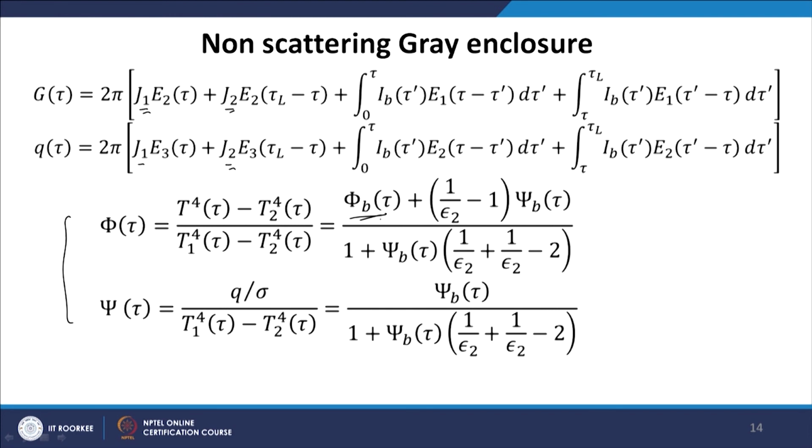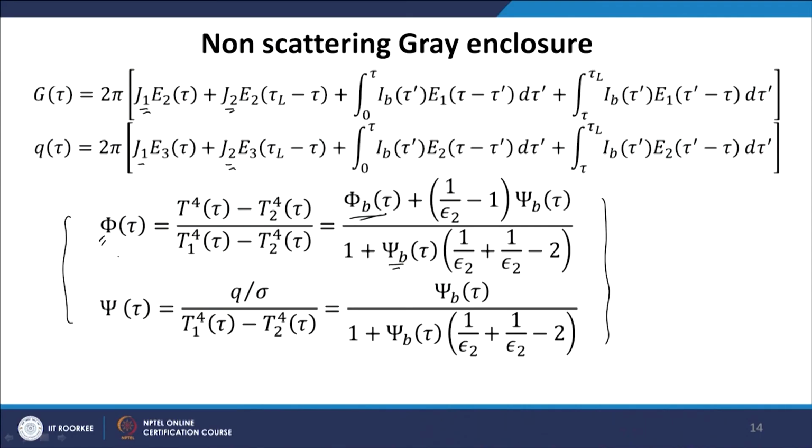So, phi b is the non-dimensional emissive power if the surfaces were black, and psi b is the non-dimensional heat flux if the surfaces were black. In these two variables we can find the non-dimensional emissive power and heat flux.